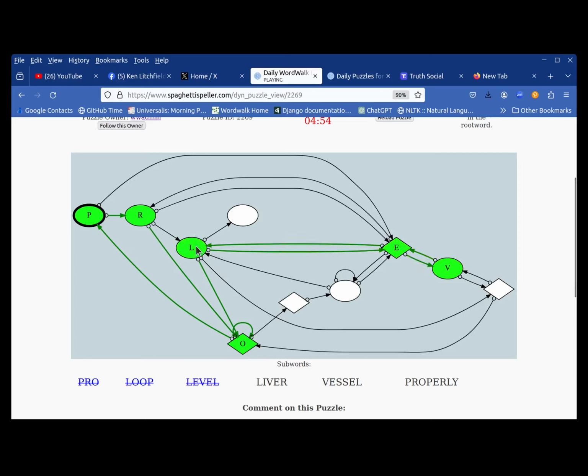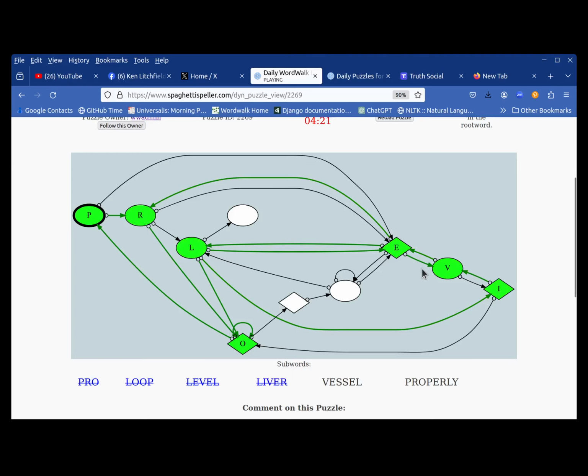Very good. Also, since this is a very uncommon vowel, we still don't know what it is. This one is slightly more common. That's probably the I, and this could be an I and this one an A, but I don't see any A's down there at all. So I'm guessing this is a U, and this is the I. So let's see if we can get liver by selecting the L, the I, the V, the E, and going all the way back to the R. Yes.